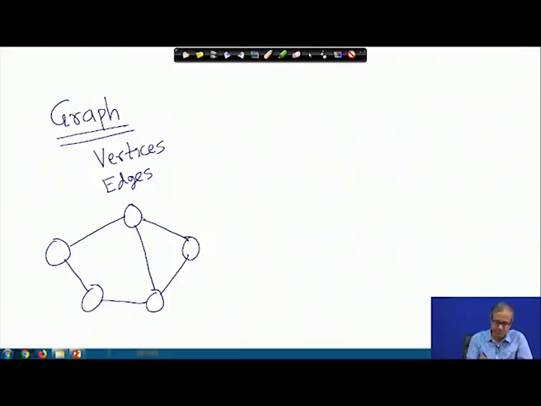So, these edges can also have some labels. For example, in the example I cited, the distance in kilometers can be the label of the edges, like this and so on. And there are some graphs where these edges can have directions, like some of the roads may be one way roads. So, you cannot drive in both directions. Such a graph is called a directed graph.